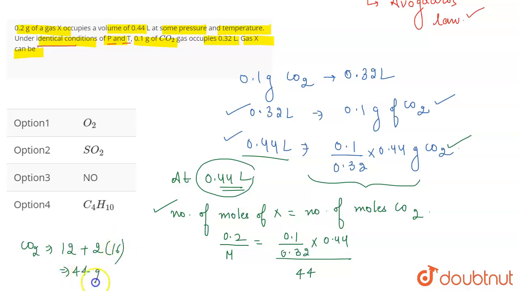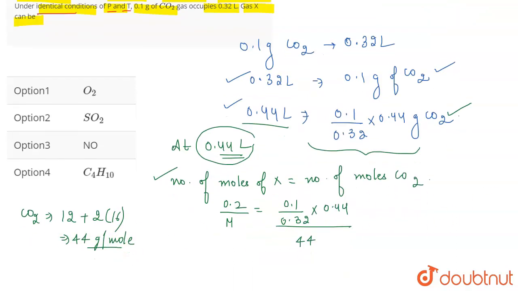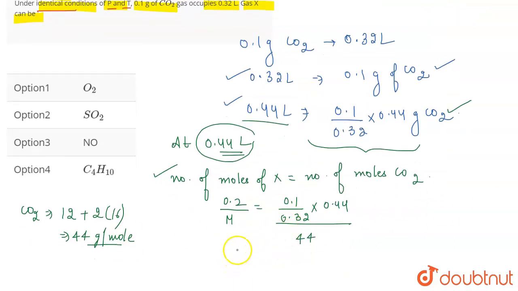This becomes 44 gram per mole. So on solving this, we will get that the molar mass of gas X will be equal to 64 gram per mole. So the molar mass of gas X is going to be 64 gram per mole.